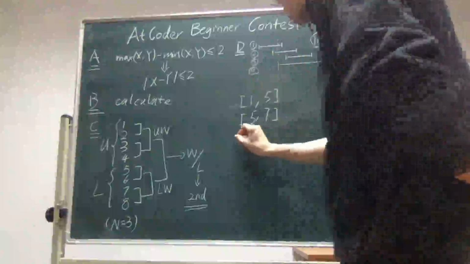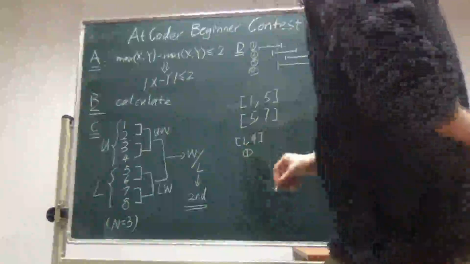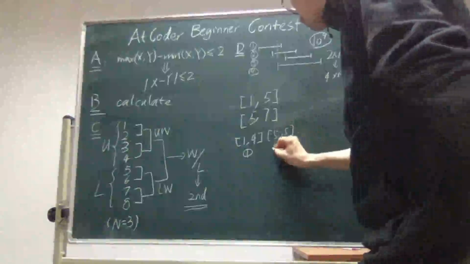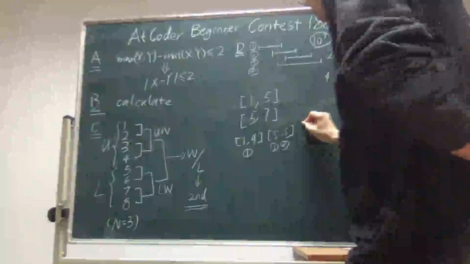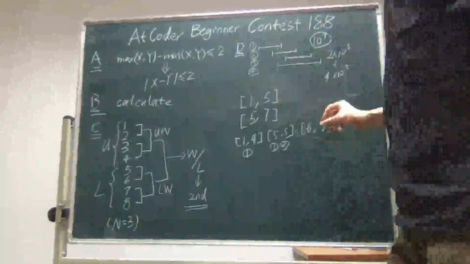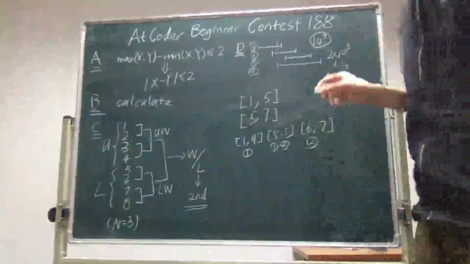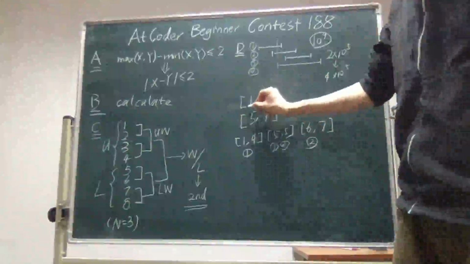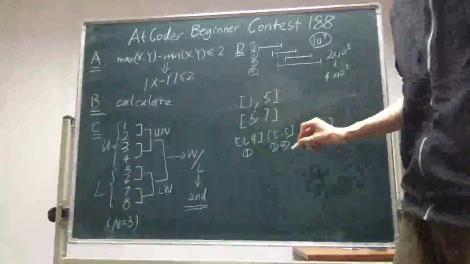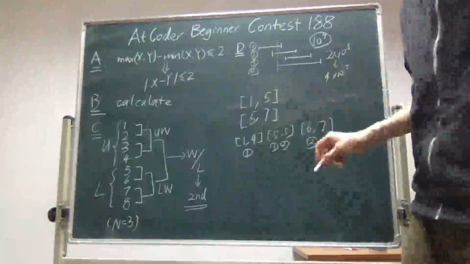Actually, we will get 1 to 4, in which we have service 1, and 5 to 5, in which we have services 1 and 2, and 6 to 7, in which we have service 2. So we can find that not only these numbers 1, 5, 7 occur in the final segments, but also 4 and 6.